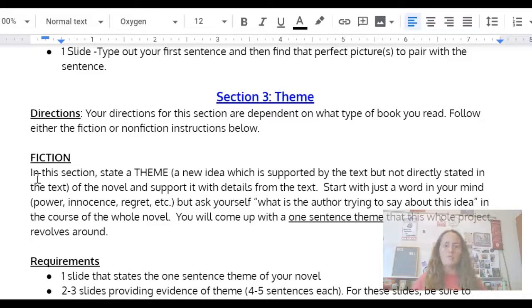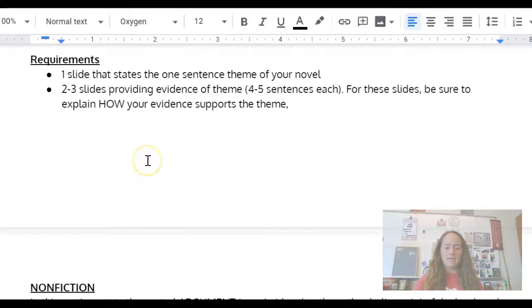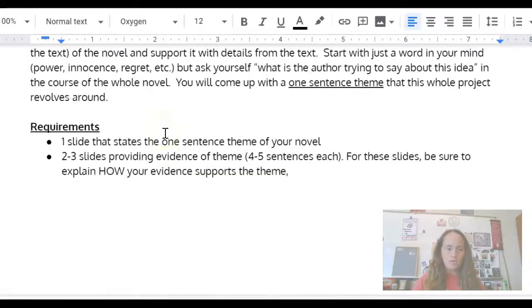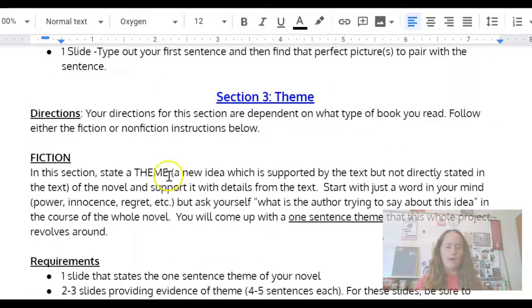So it's some sort of big idea, some sort of truth about the real world, about society. If you read a nonfiction, that's going to be slightly different, so that you're going to state the main argument or the main idea that the author believes in the text. So I just wanted to show you here how that's going to break down if you read a fictional story versus a nonfiction. Don't worry about starting section 3 just yet. That's going to be later in the week after we go through a theme lesson.